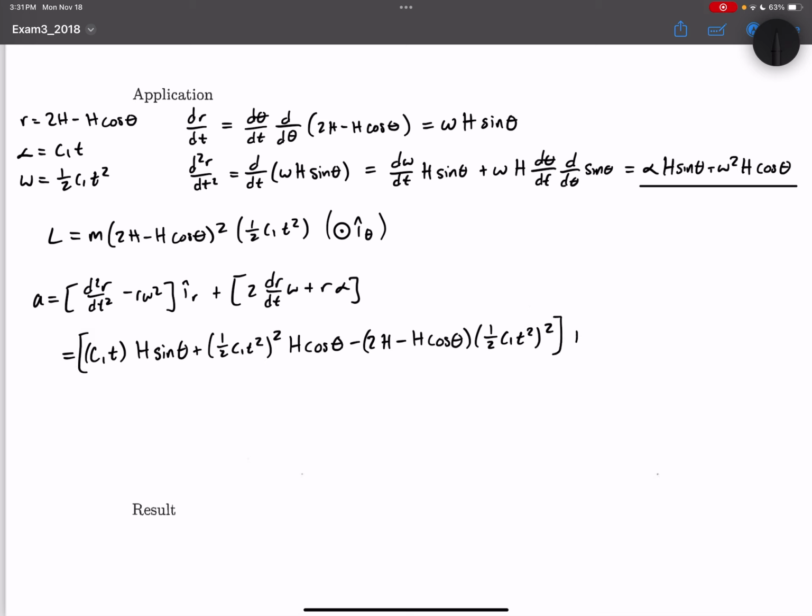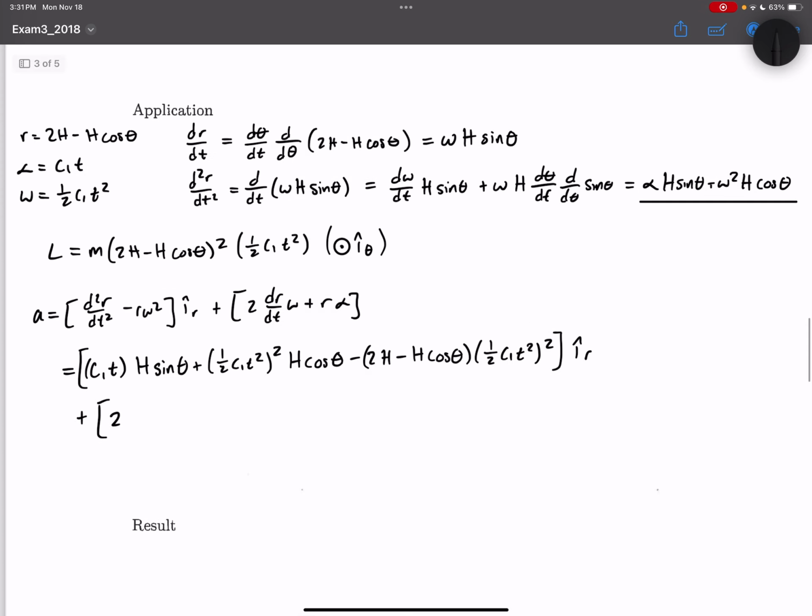That's the radial component of acceleration, plus 2 times dr dt, which we know is omega, which is c1, or 1/2 c1t squared, h sine theta, and then times omega.